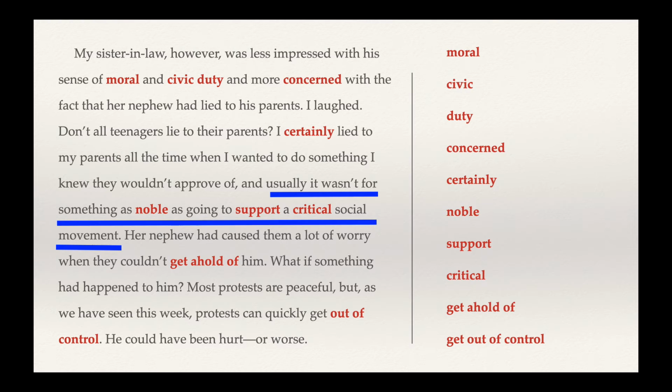So you can guess that she probably lied for things that weren't as good as what the nephew lied about. So noble is something that is good, and supporting a critical social movement is participating in this social movement. And it's hard to guess what critical means here. What could critical mean?